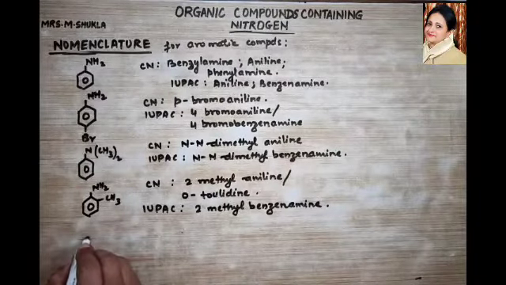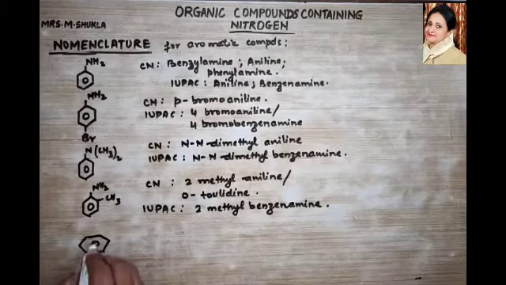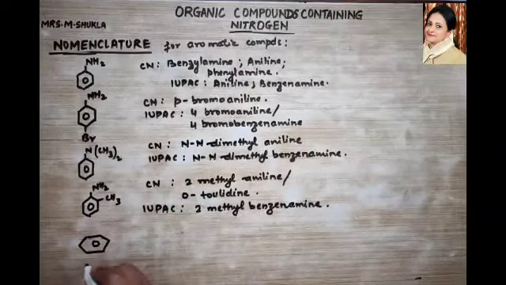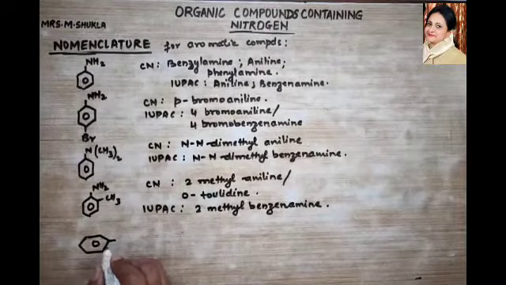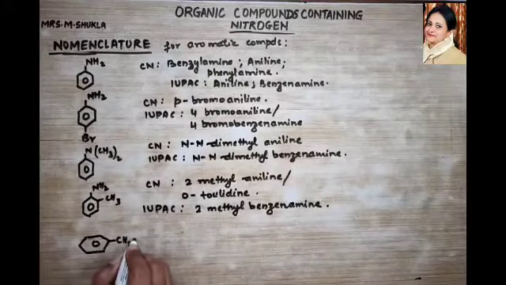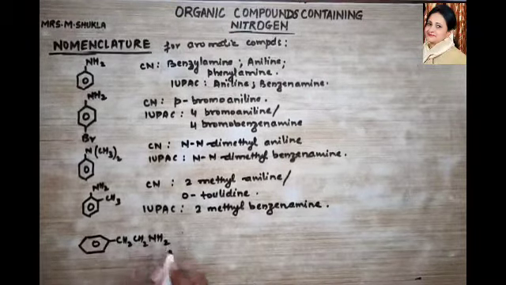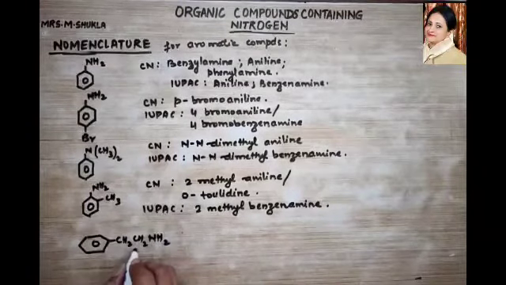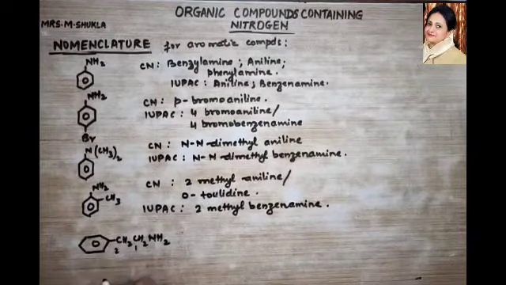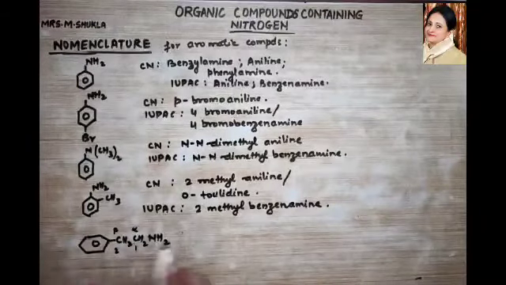And one last example for today could be this. This is your aryl alkyl amine, a mixture of alkyl as well as aryl group: CH2, CH2, NH2. Now look over here. This is the first carbon place, this is the second carbon place, or in other words, this is the alpha and this is the beta place.